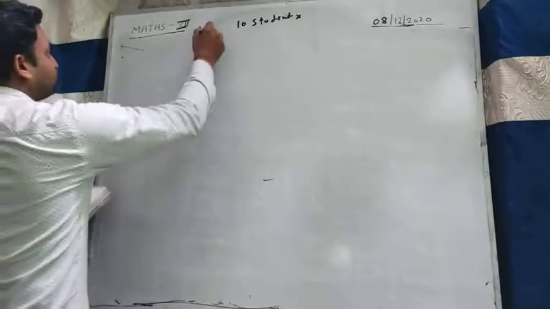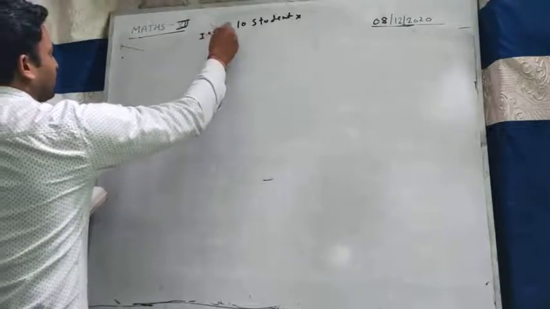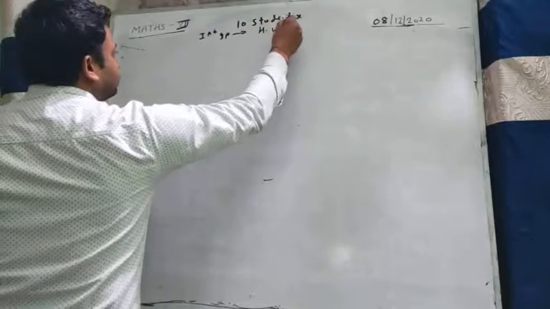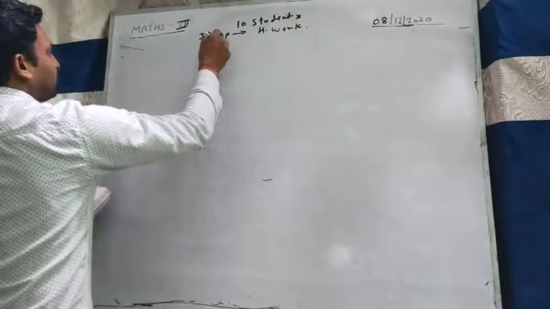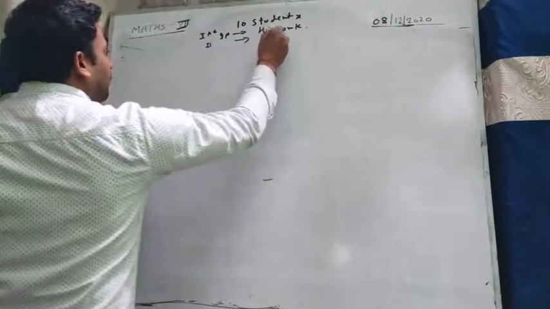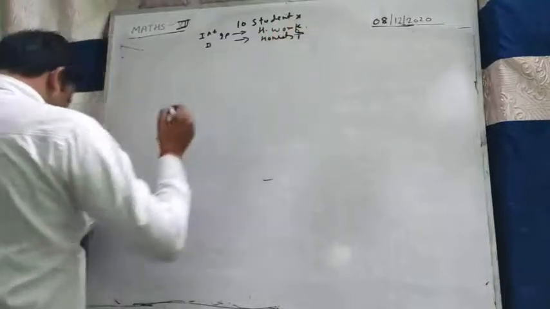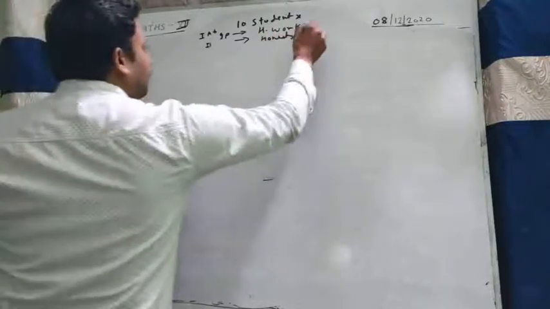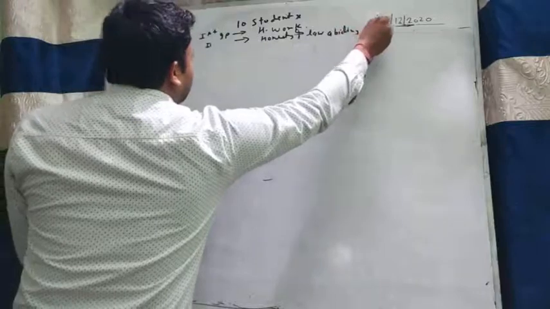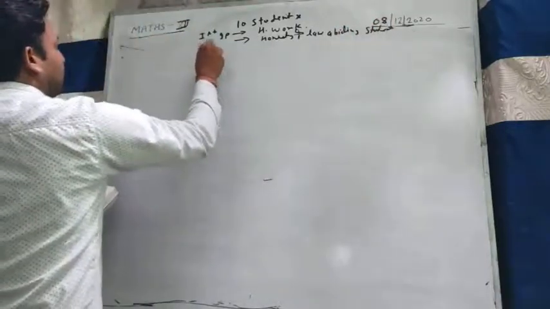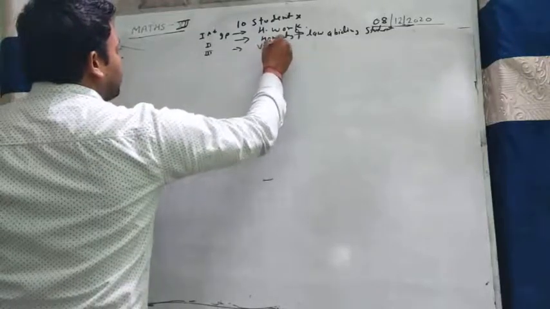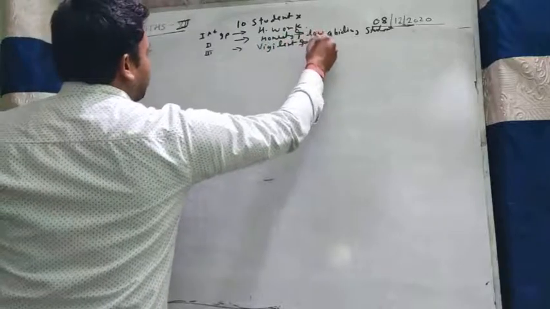The first group is for hard work, and second group is for honesty and law abiding students, and third group is for vigilant and obedient.